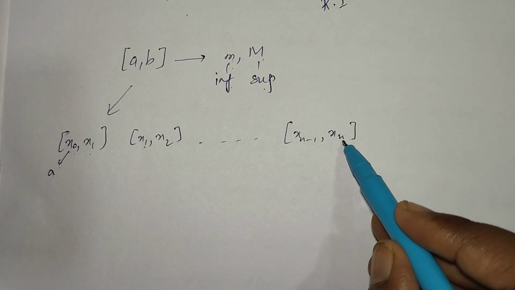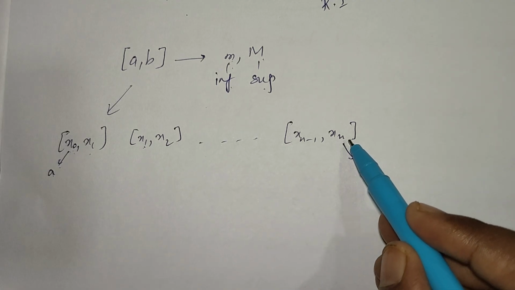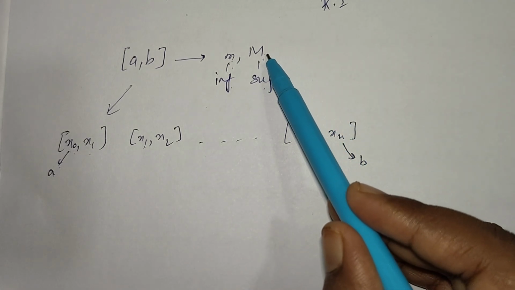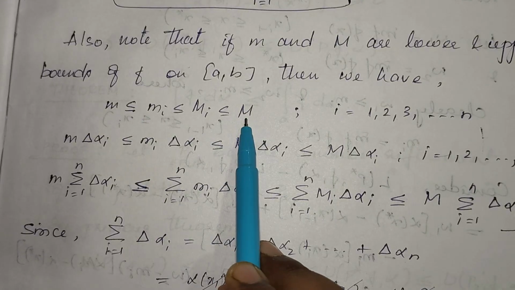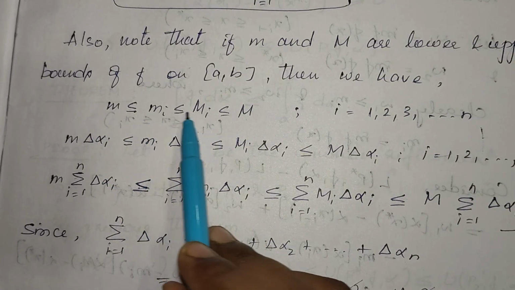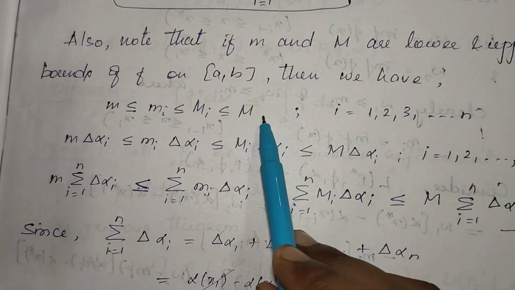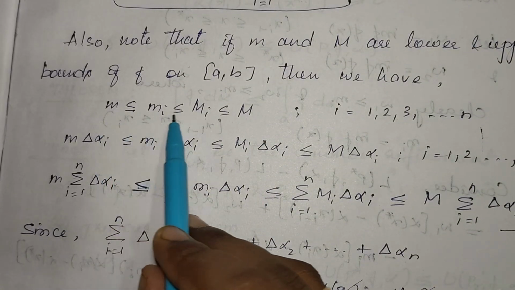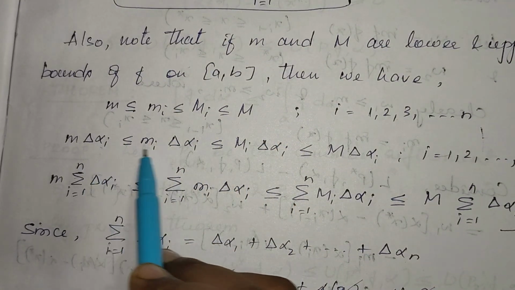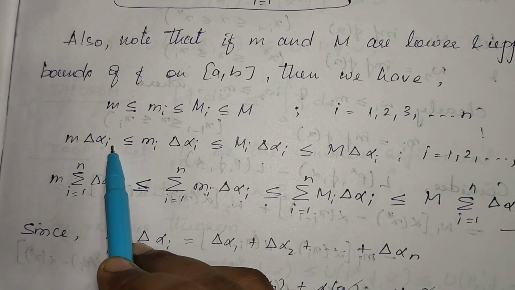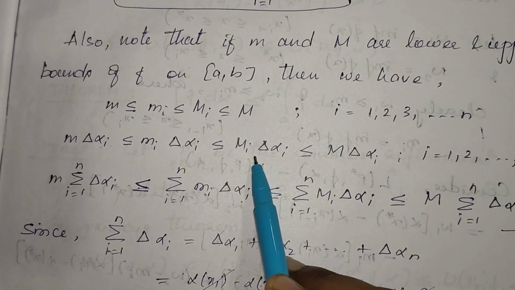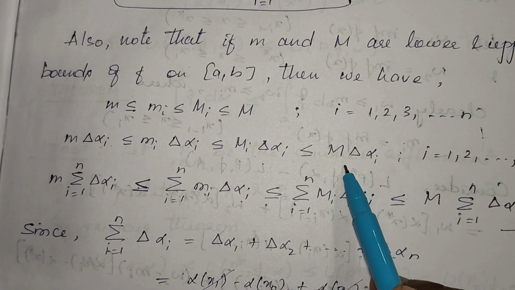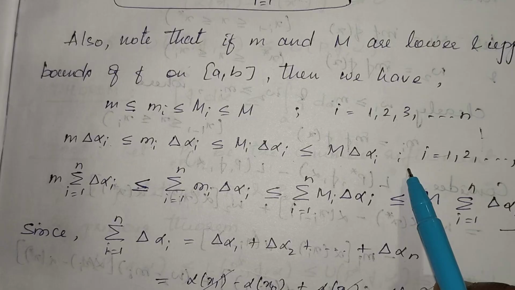If you consider the last interval, then that capital Mi will be equal to this capital M. So that is the obvious thing. And here this inequality holds: m less than or equal to mi less than or equal to capital Mi less than or equal to capital M. So when you multiply throughout by delta alpha i, you get m into delta alpha i less than or equal to mi into delta alpha i less than or equal to capital Mi into delta alpha i less than or equal to capital M into delta alpha i.